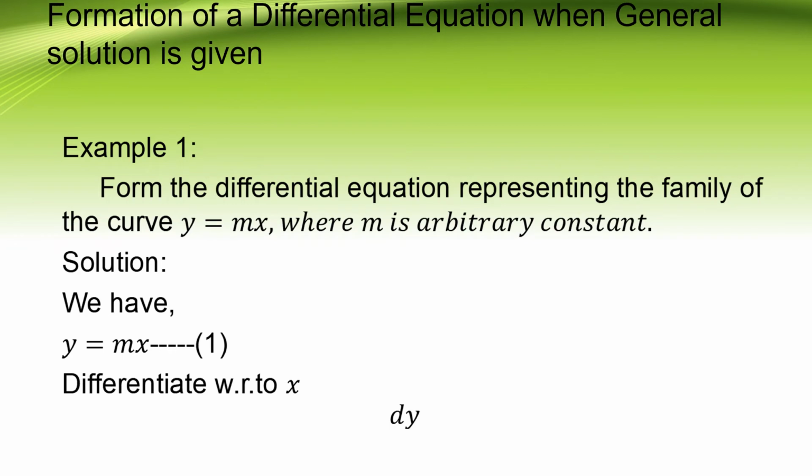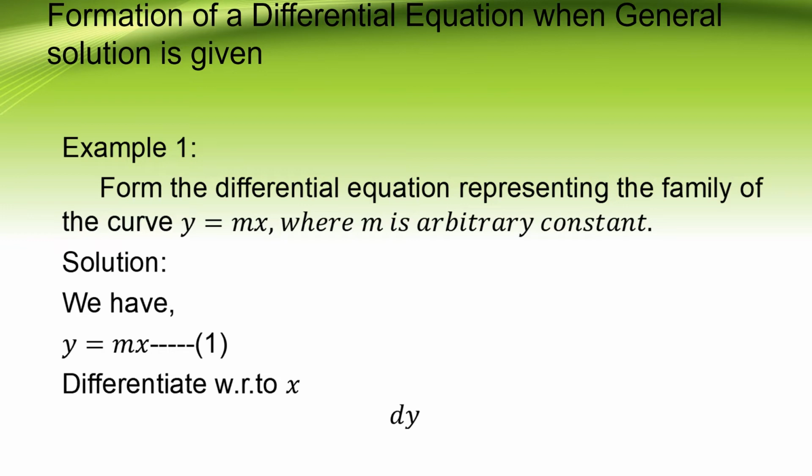Next we see the formation of a differential equation when the general solution is given. For example, form the differential equation representing the family of curves y equal to mx, where m is an arbitrary constant. Here the equation y equal to mx is given, so the arbitrary constant is m.